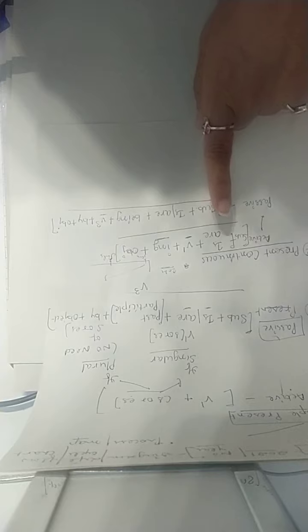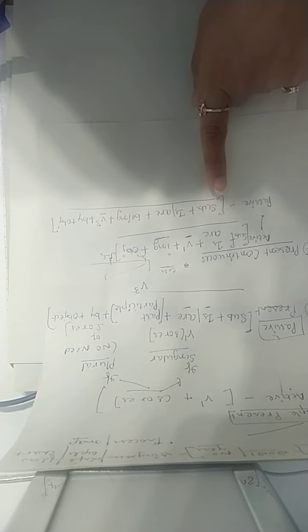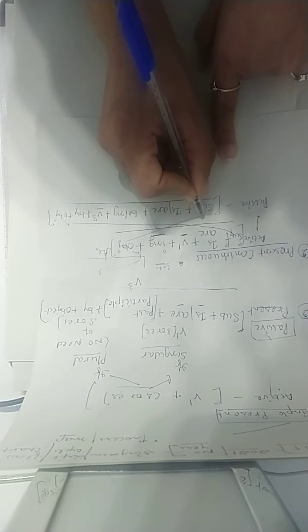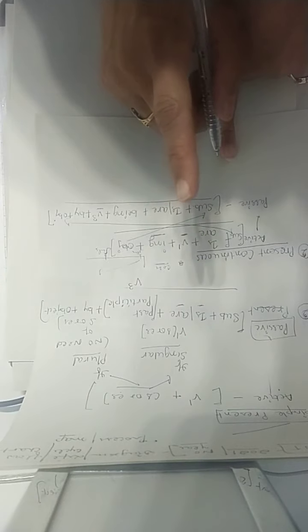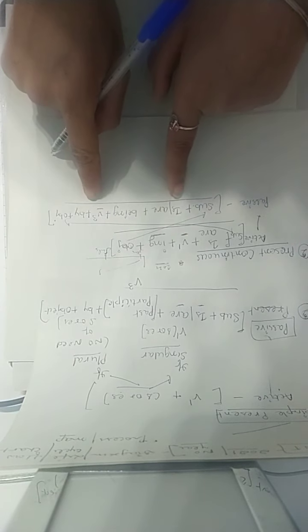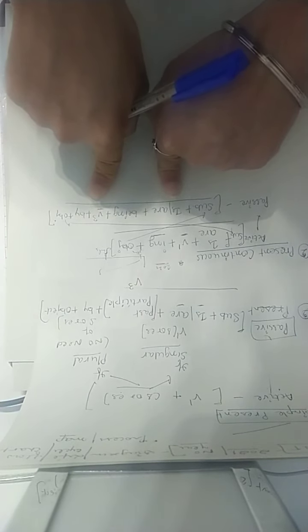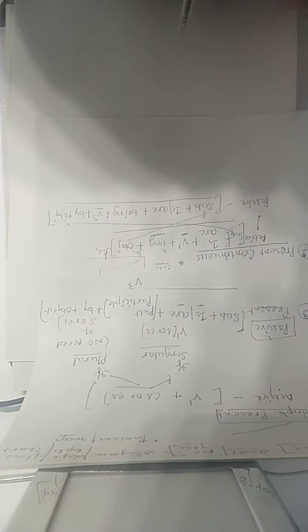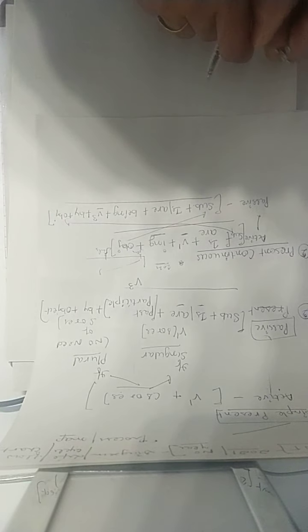Remember this: when you convert into passive, you have to interchange your subject into object and your object into subject. If you do not change and just apply this formula, your sentence will be marked wrong. So be careful when you apply the correct tense.